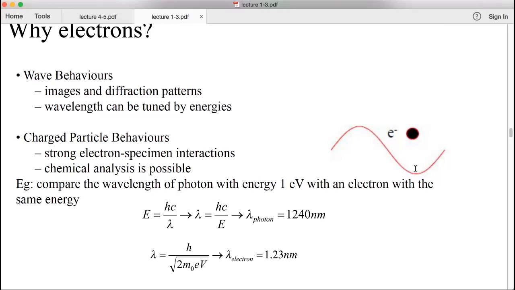So it will be like 1,000 times smaller compared to the photon. So you can see the lower the wavelength, the higher the resolution that you can obtain. So that's the basic reason behind using electrons.